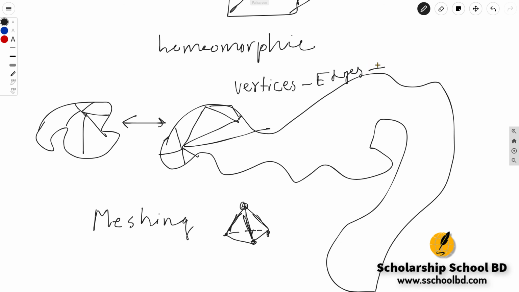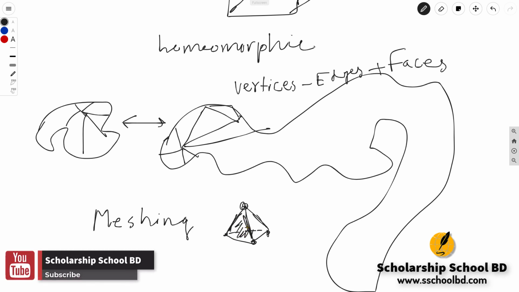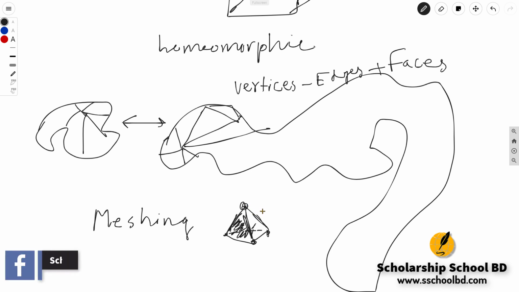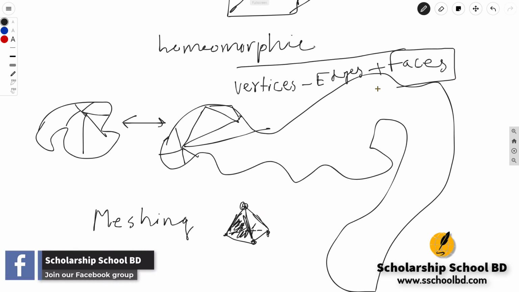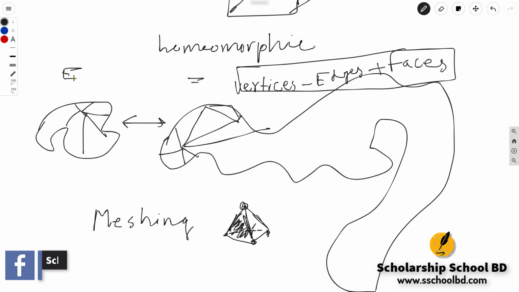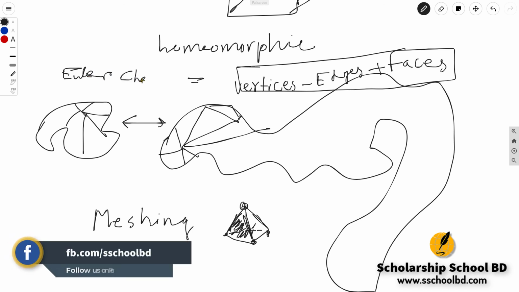And if you add the faces, which are these 2D planes. All right, so these are the faces, 1, 2. On the other sides are basically 4. So if you add them together, this number is called the Euler characteristic. Euler was a mathematician.